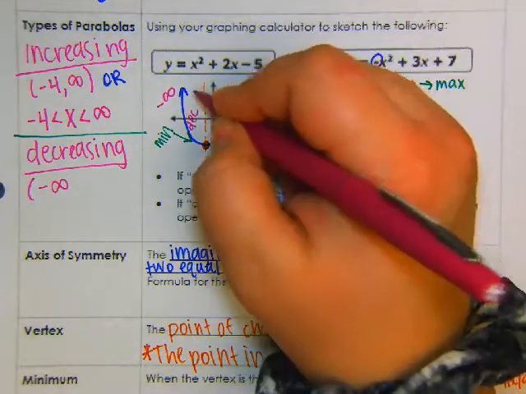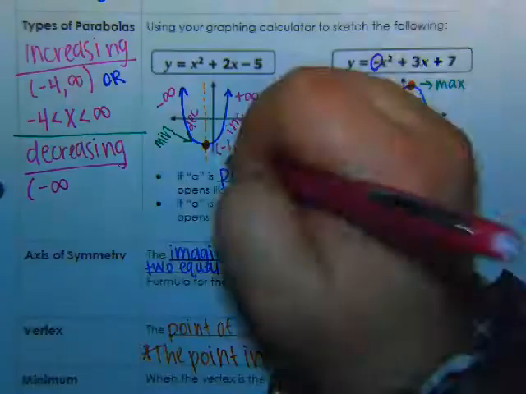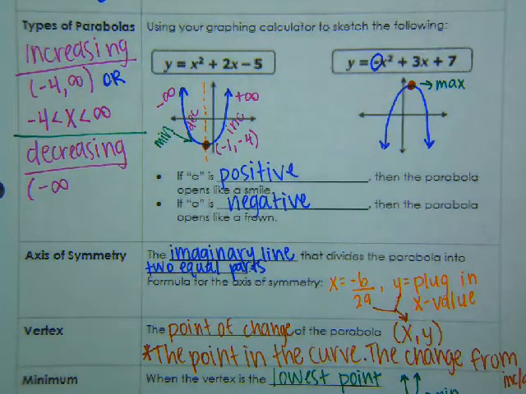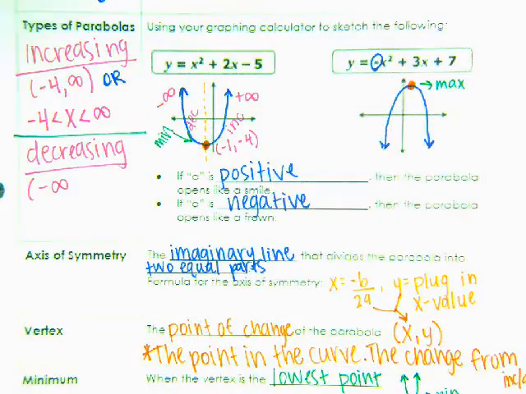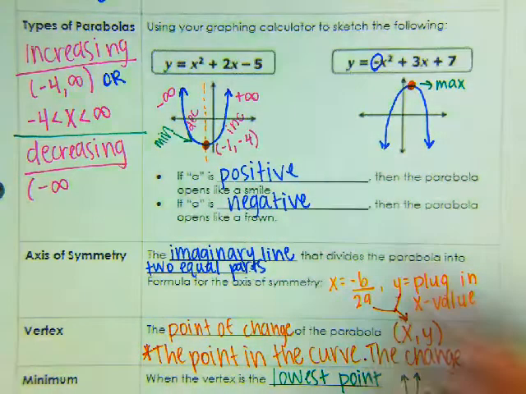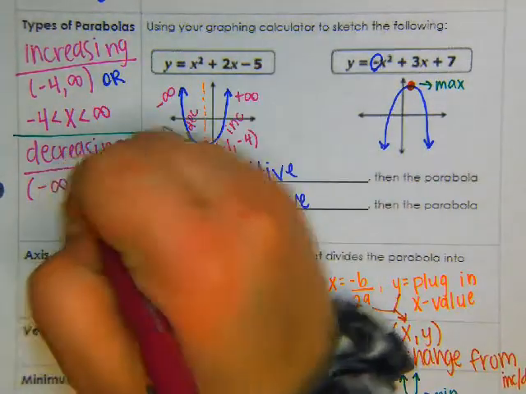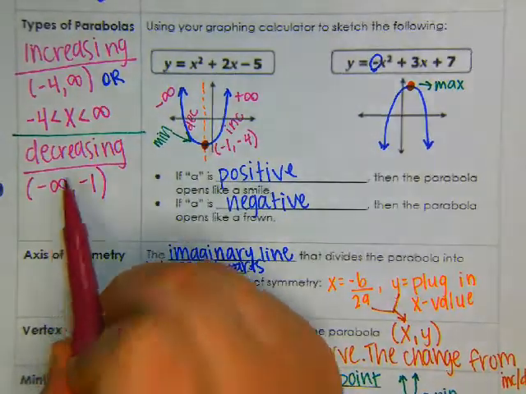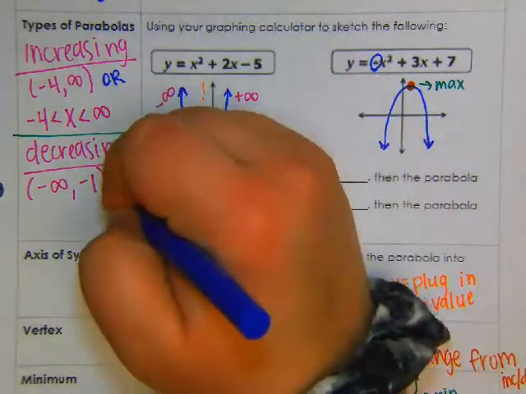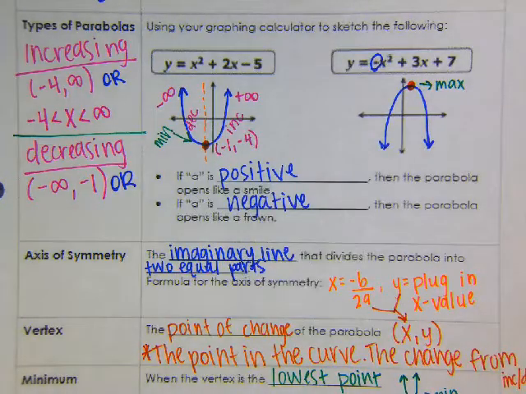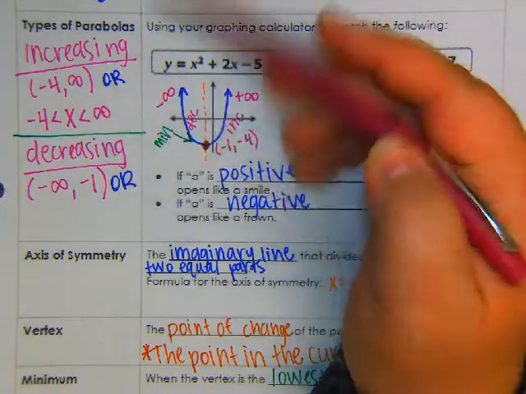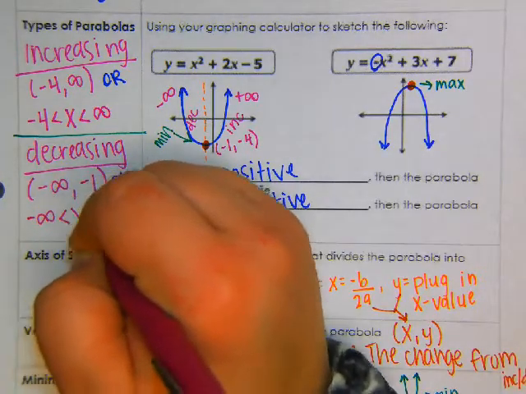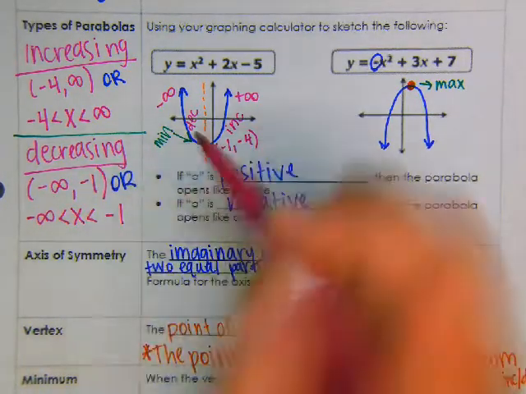I said that increasing and decreasing use the x value, and so I should have used -1, and that is my mistake. So I'm going to fix it here. We're decreasing from negative infinity to -1. Or another way to write that would be the same way as the inequality up here. We start decreasing at negative infinity, and we don't stop decreasing until we reach -1.